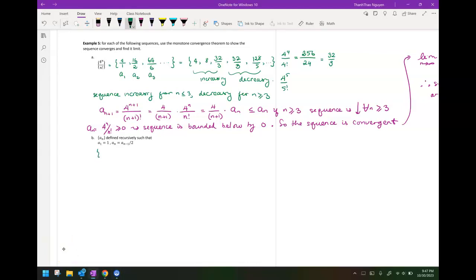So a sub 1 equals 1, a sub 2 equals 1 divided by 2, a sub 3 equals 1/2 divided by 2, that makes 1/4. A sub 4 will then equal 1/8. So here we can see that the sequence is decreasing.